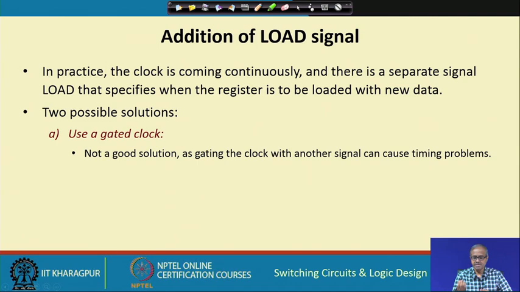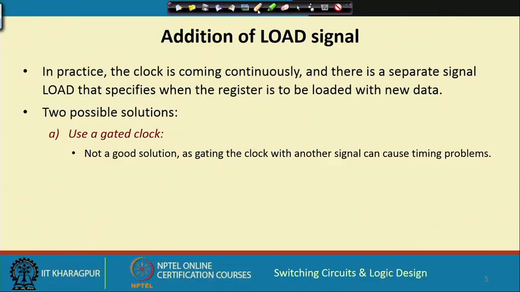Now, let us add some features to this PIPO register. Now, the register that we have seen so far, there the data gets stored whenever clock comes. Now, you know clock is a continuous signal, it keeps coming, but all the time I may not be having some data to be stored in the register from outside.